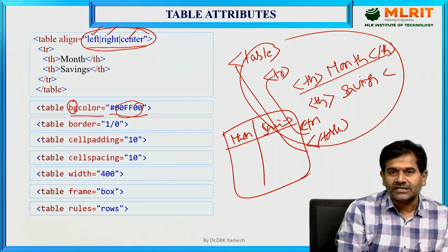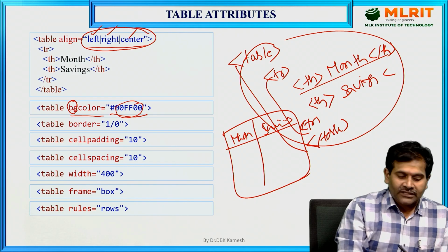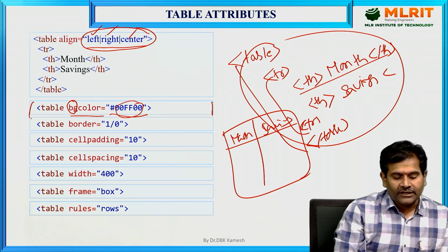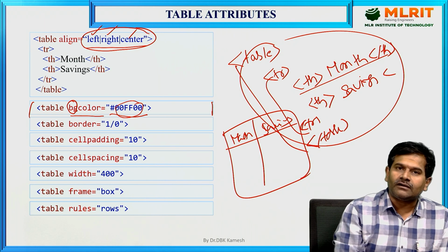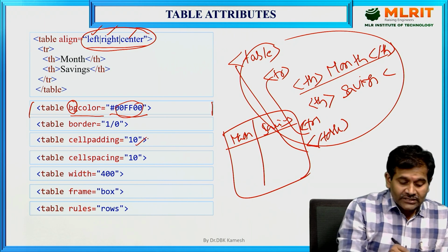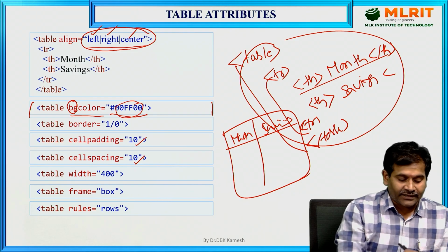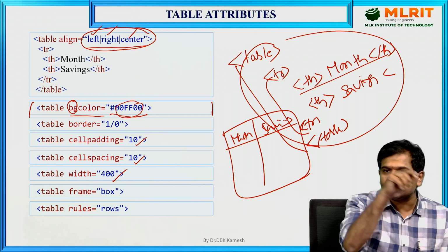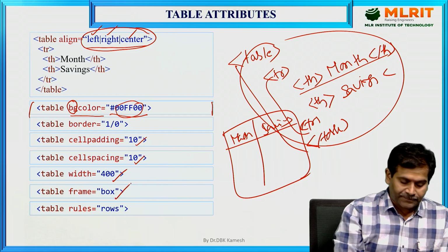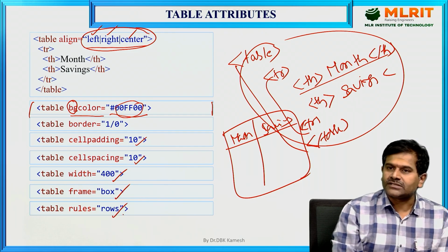This is BG color, meaning background. Then border color is for the outer borders, where border equals either 1 or 0. Then cell padding 10, cell spacing 10, and width 400. The frame is box type, and the rules is rows.